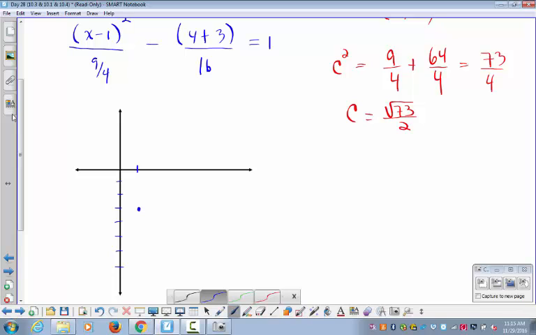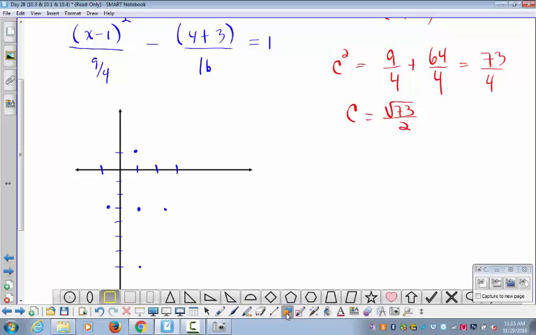We look under the y's to figure out that vertical up and down. So we're going to go up and down 4. 1, 2, 3, 4. That's 3, so that would be 4. And then right and left, how far? 3 halves, exactly. So 1.5 to the right, 1.5 to the left, so about right there. And then 1.5 about right there.